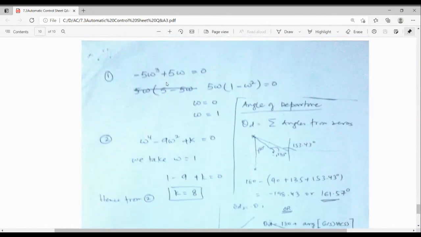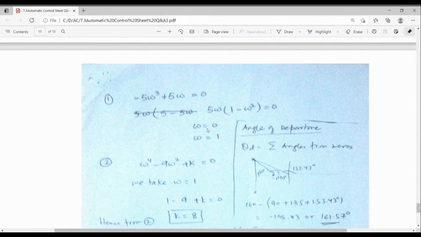So there are two equations now. Minus 5 omega cube plus 5 omega equal to 0. Then we will get the values of omega as omega equal to 0 and omega equal to 1 by this equation.